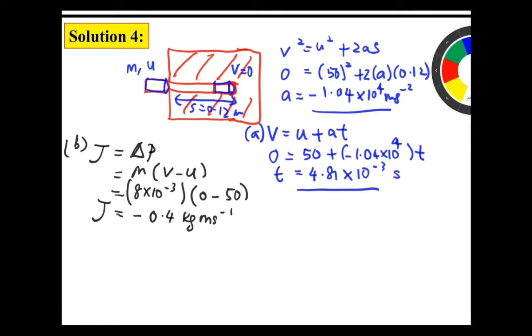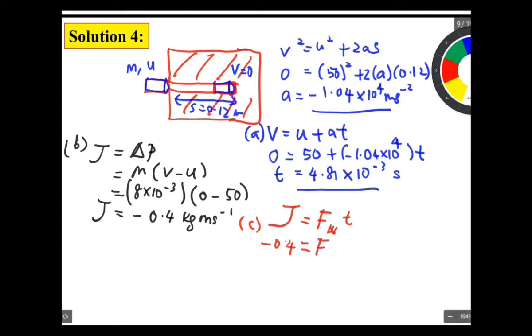Okay, and last, part C, dia tanya average force is given by J is equal to F average times t. Okay, J dah ada tadi, negative 0.4, impulse J. Dah terbiasa guna J, impulse J saya ingat lah.